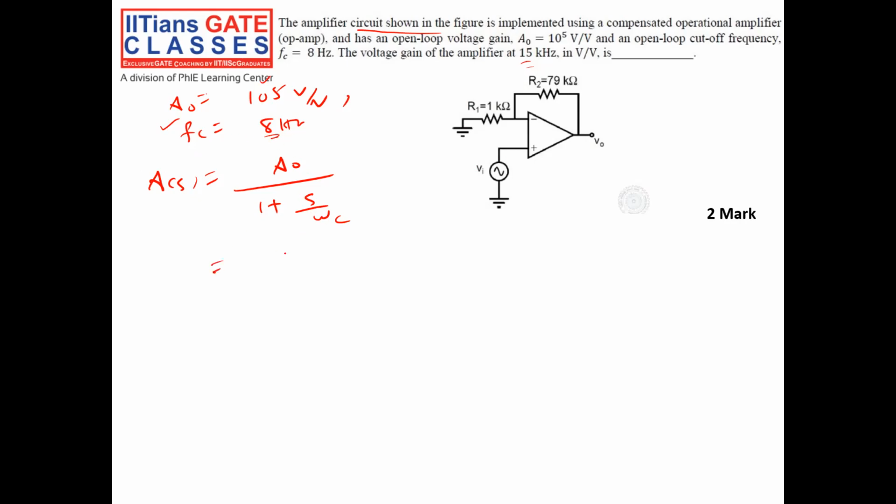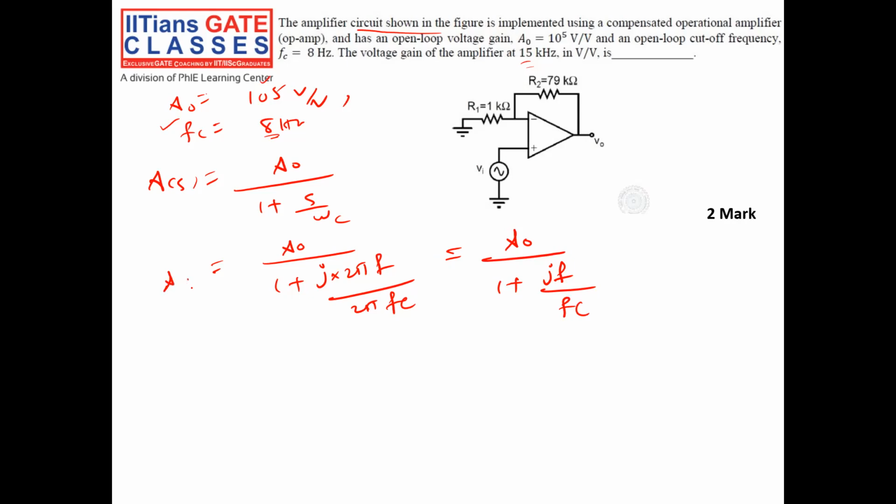If I want to express it in terms of s, A0 divided by 1 plus s by omega C, where s is j into omega, omega is 2 pi into f, and omega C is 2 pi into FC. So this is equal to A0 divided by 1 plus j into frequency divided by FC. This is my open loop transfer function.